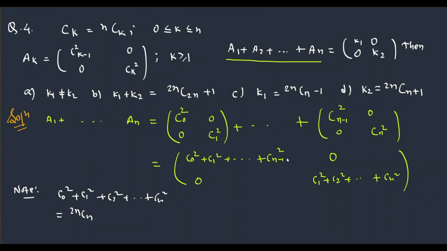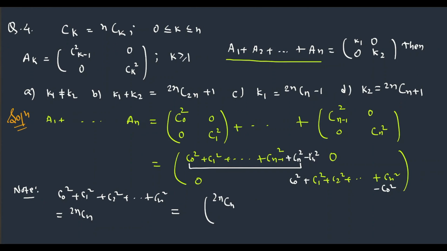So what we do, we add one extra term here, Cn square, and subtract Cn square. Here it starts at 1 and ends at Cn, so C0 is required. Adding C0 square and subtracting C0 square. So now this result from here to here is 2nCn, and this result is Cn.